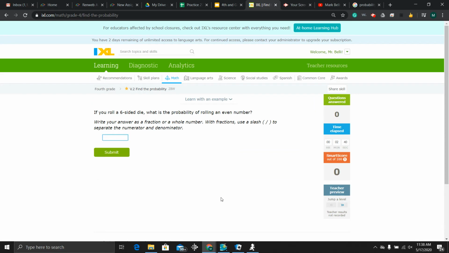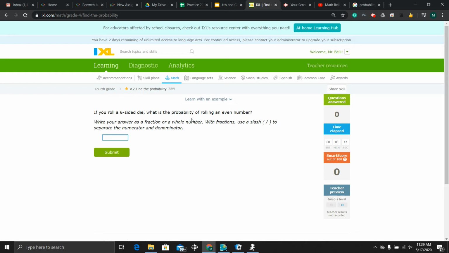Okay, so let's do a couple of practice problems. If you roll a six-sided die, what is the probability of rolling an even number? Well, they tell you the possibilities right here, six sides. And if it's a die, you know that it has 1, 2, 3, 4, 5, and 6 on the different sides.